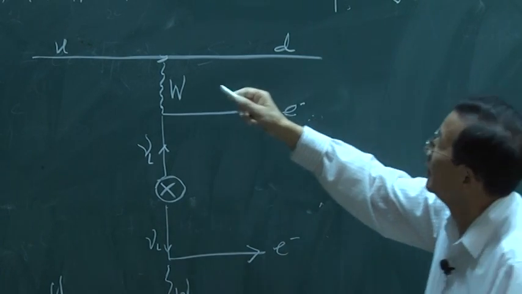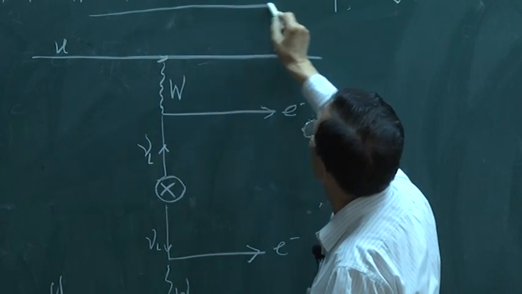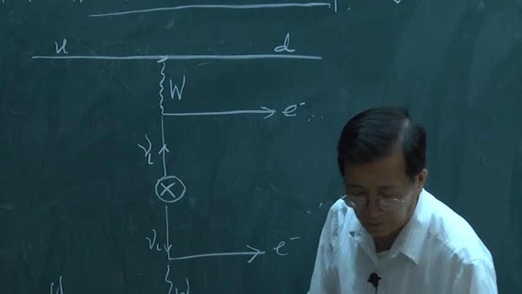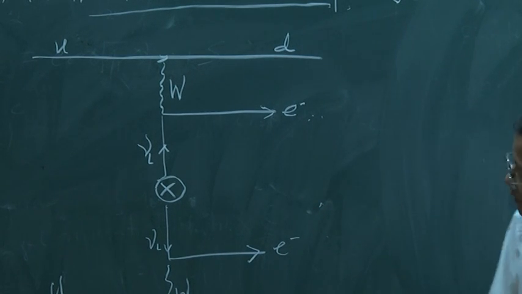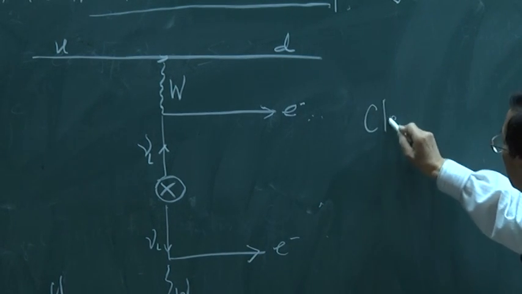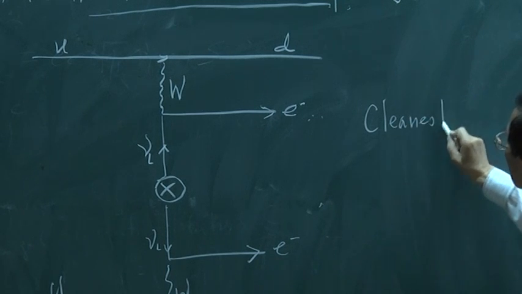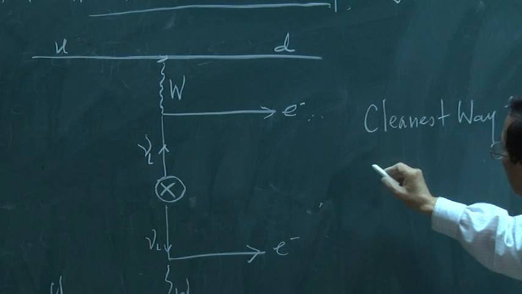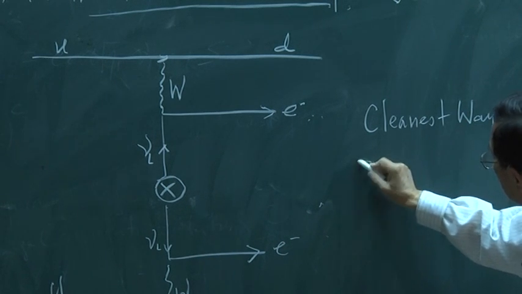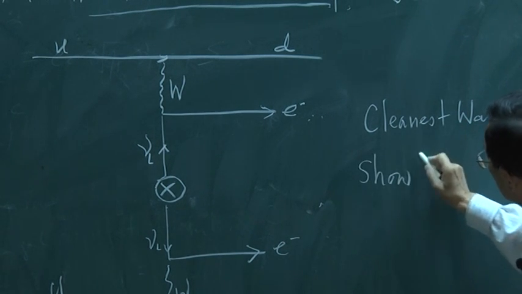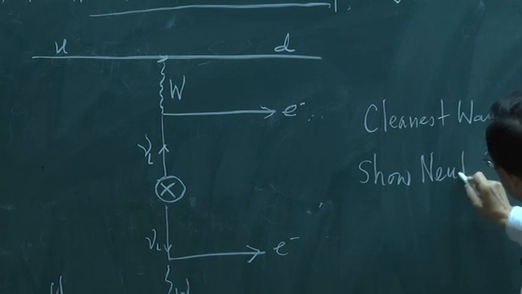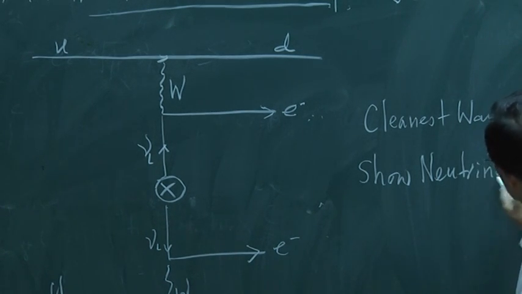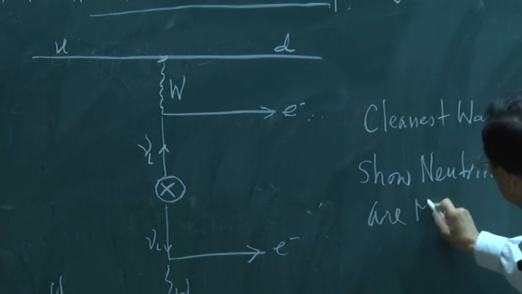So this is neutrinoless double beta decay, and I think this shows that the neutrino is Majorana.